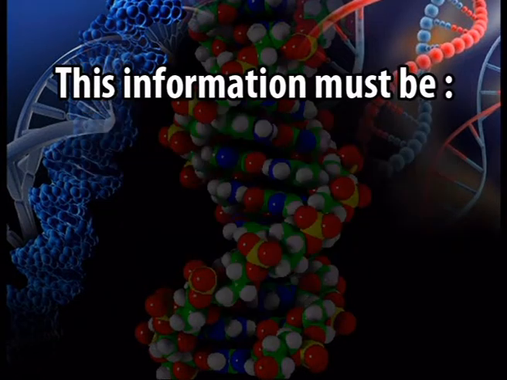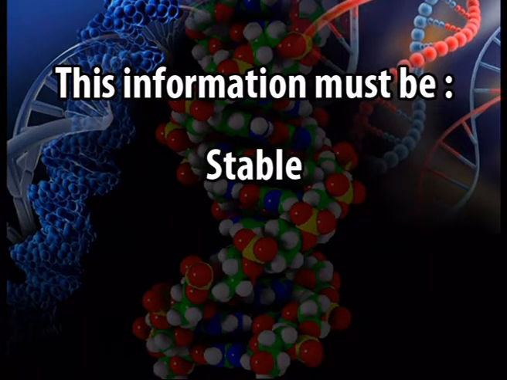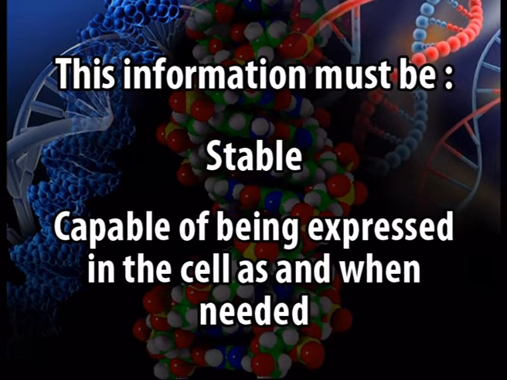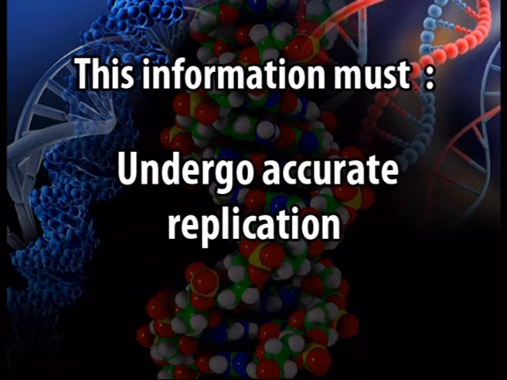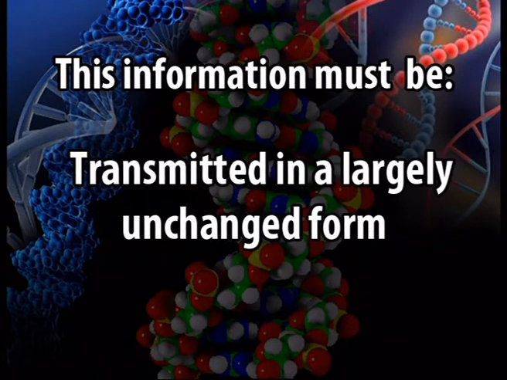And this genetic information must be stable, it must be capable of being expressed in the cell as and when it's needed. It also must undergo accurate replication, and of course it should be transmitted in a largely unchanged form.